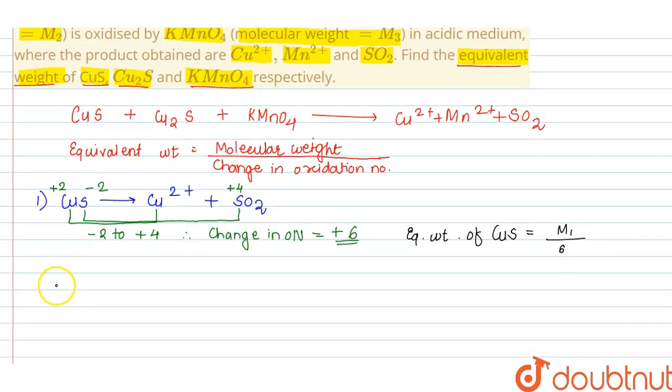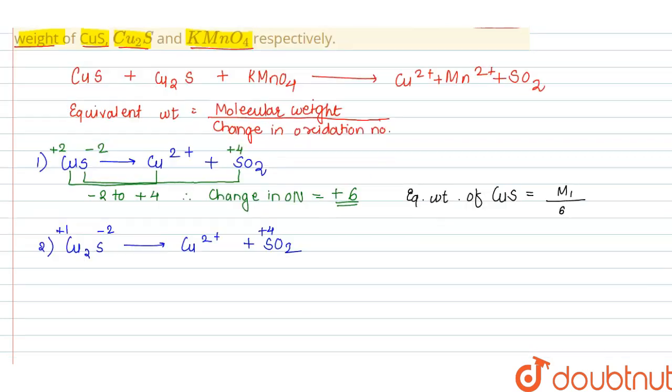Now when we consider the second reactant, that is Cu2S, which is also converting to Cu2+ and SO2. So in Cu2S, the oxidation state of copper is +1, that of sulfur is -2, and in SO2 the oxidation number of sulfur is +4.